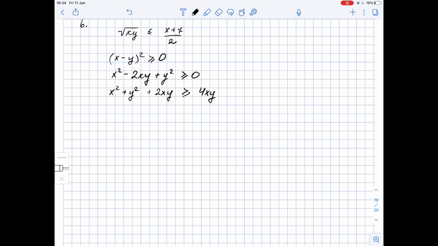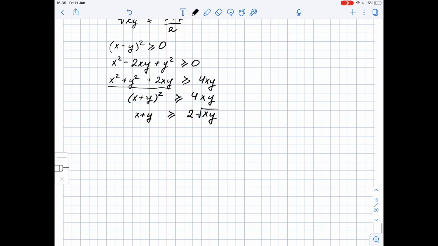Well, now we can rewrite this part as (x plus y) squared is greater or equal to 4xy. Now let's take the square root of both sides of our inequality and we will get x plus y is greater than or equal to 2 times the square root of xy.